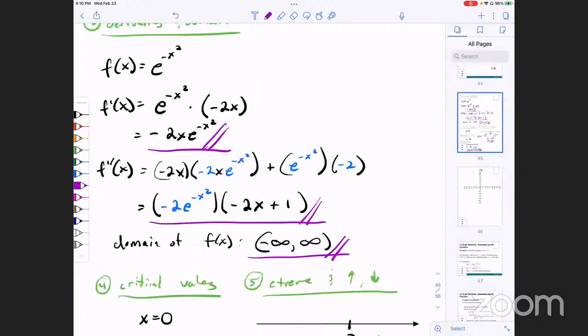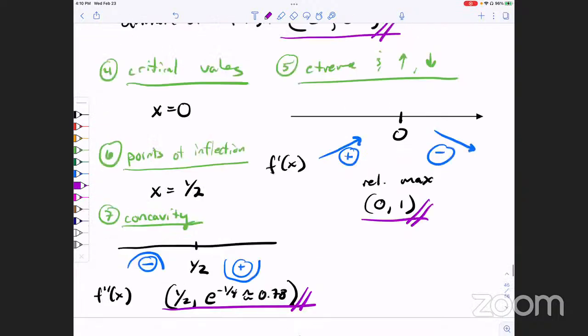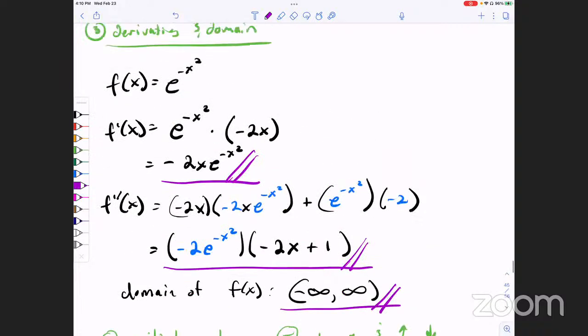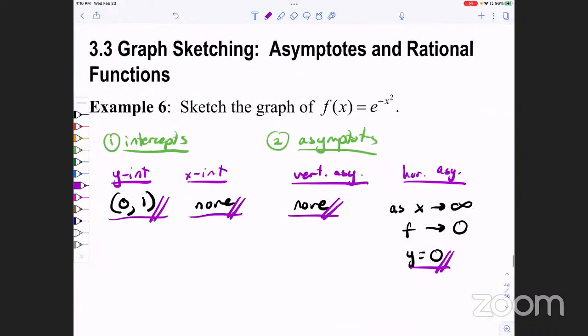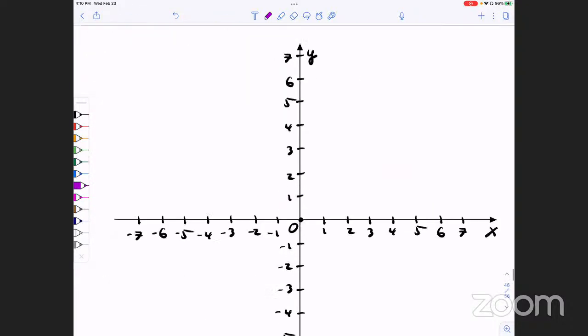So now, let's put all this together. We got a y-intercept of (0, 1).